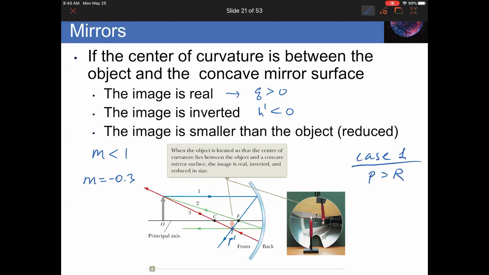That means we can always do this ray diagram, find the image position, and then use the mirror equation with the magnification equation to verify that and to get precise values. Because you can see the image in this diagram doesn't give you exactly where it is. Yes, it's between the center of the curvature and the focal length, but exactly where it is, we won't know until we use the equation 1 over P plus 1 over Q equals 1 over F.